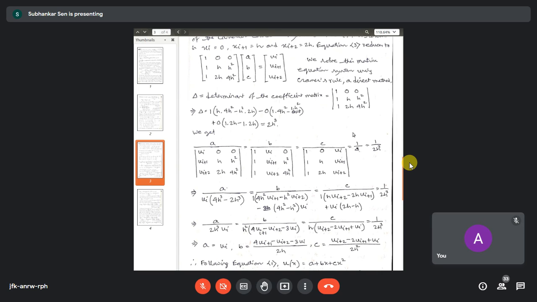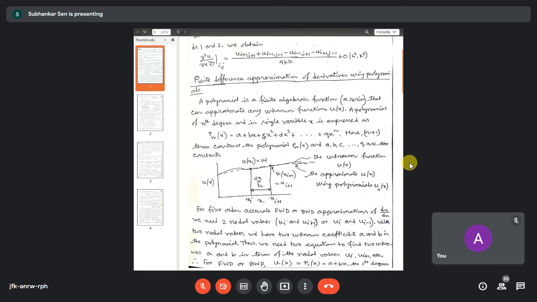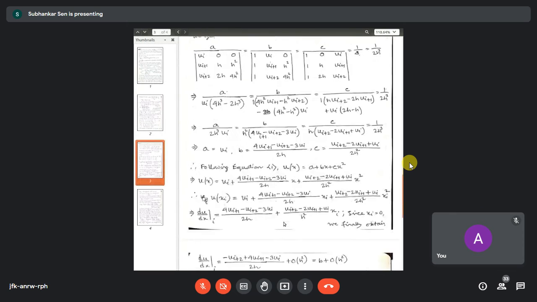If you look at this expression, you know that H is a constant. The right hand side is also a function of H. So A, B, and C, the coefficients of the polynomial, will be represented in terms of the nodal values. These are the nodal values, same thing, nodal value.